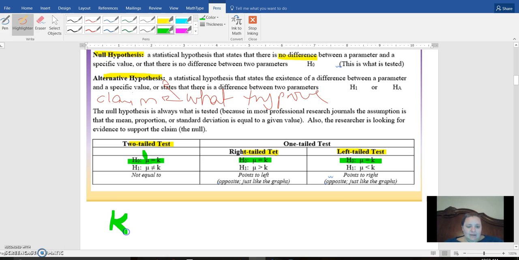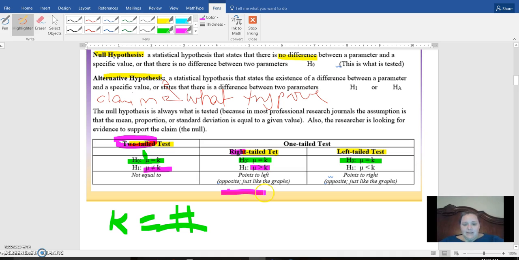K is just some random number. It's the mean of the blood pressure or something. And then these things change. On a two-tailed, you have not equal to. On a right-tailed, it's greater than. Notice on the right-tailed, that points to the right. On the left tail, it points to the left.